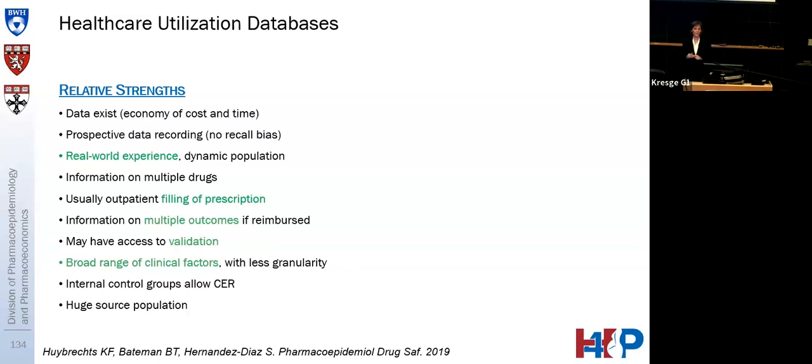So it's prospective data collection, which avoids the problem of recall bias. We have information on multiple potential exposures, multiple different outcomes, and a broad range of clinical factors that can be used for confounding adjustment. And importantly, we're starting from very large source populations.